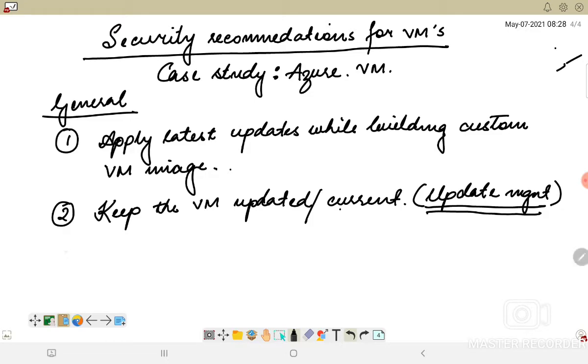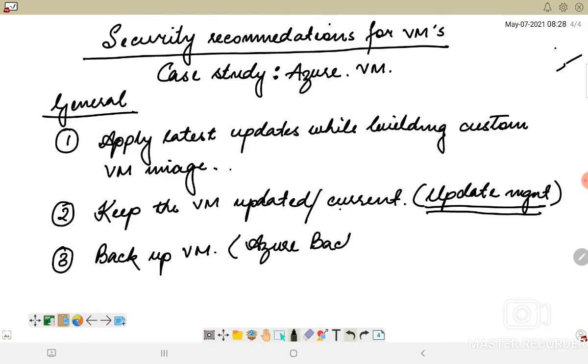The next one is we have to back up the virtual machine. This is very important because it helps to protect our application data and has minimal operating cost. Azure Backup is a service which will help to back up the virtual machines at minimal cost.